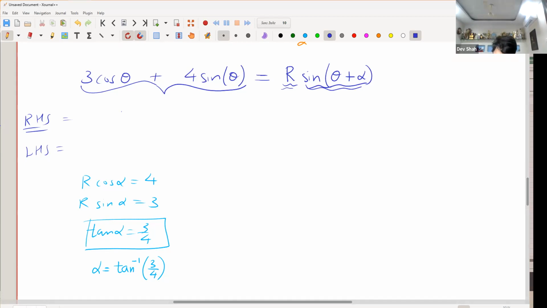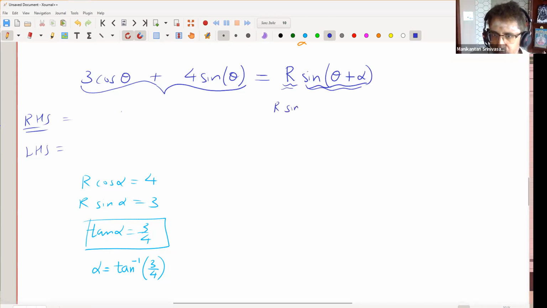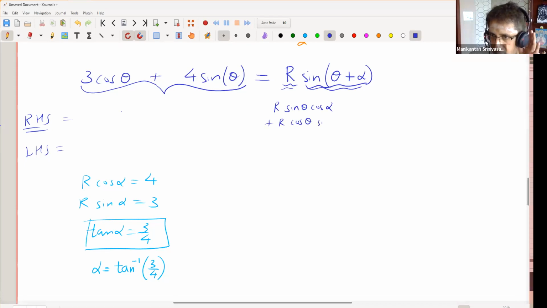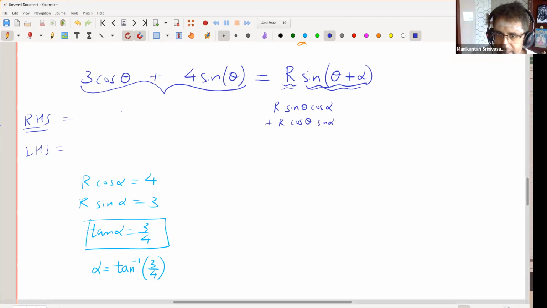Now, what is R sine theta plus alpha? Sine of A plus B is sine A cos B plus cos A sine B. So this is R sine theta cos alpha plus R cos theta sine alpha. But this must match the expression on the left side.